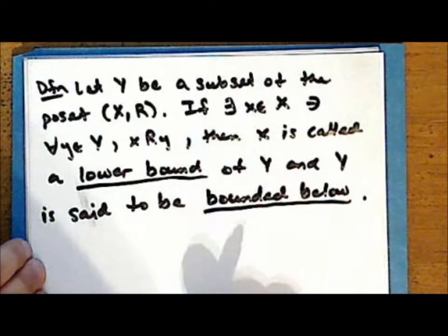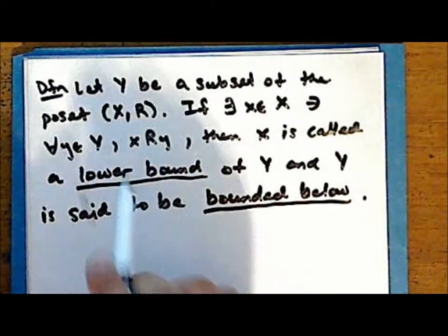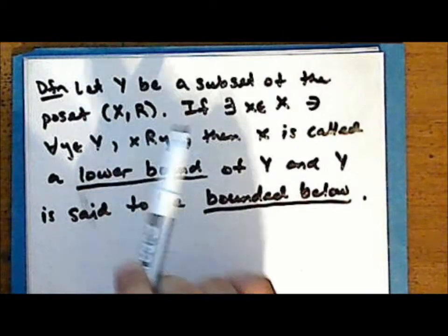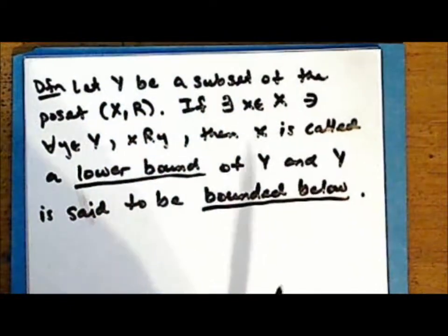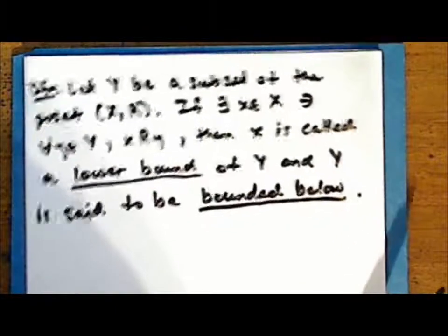Again, notice that this element need not necessarily be in the set Y. If this element exists in a larger set, then that element is called a lower bound, and the set Y is bounded below.